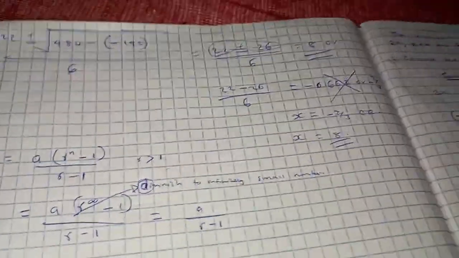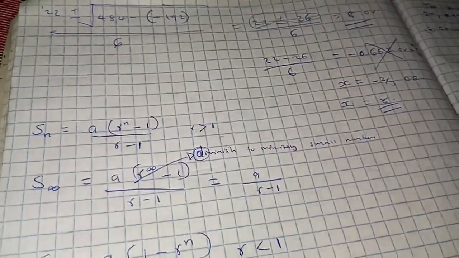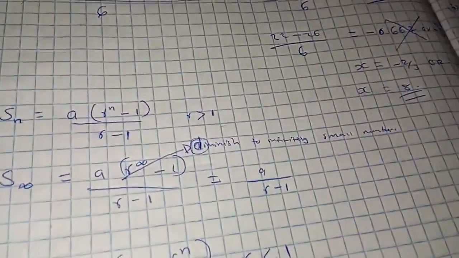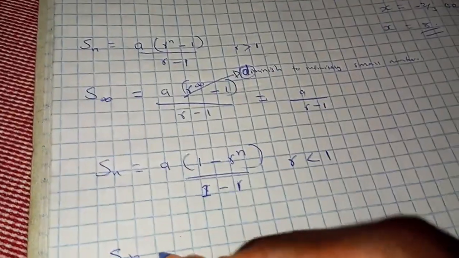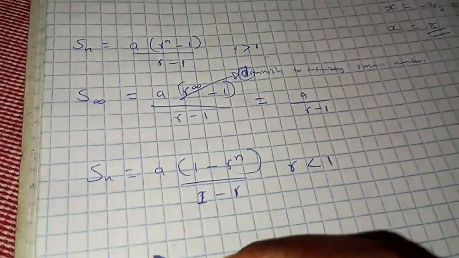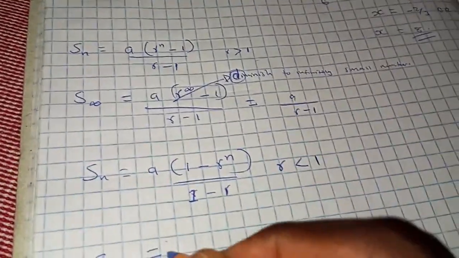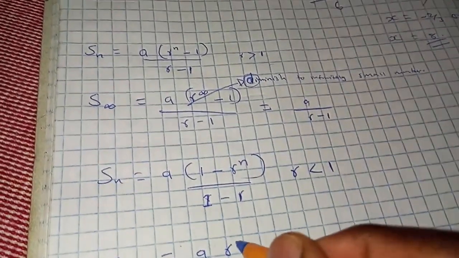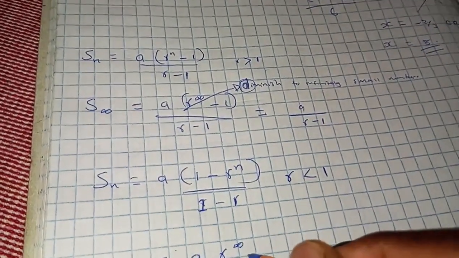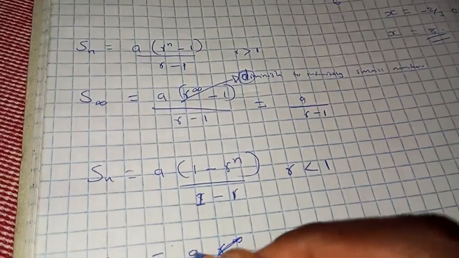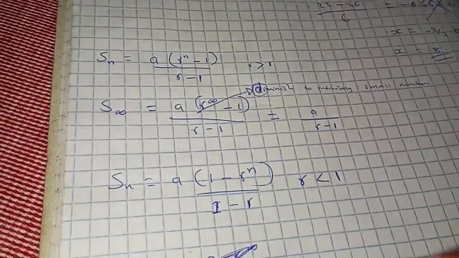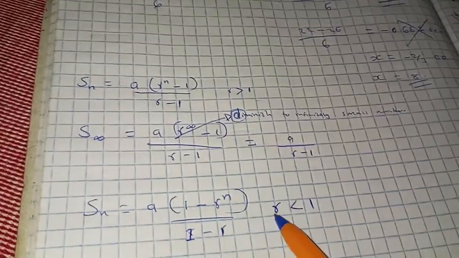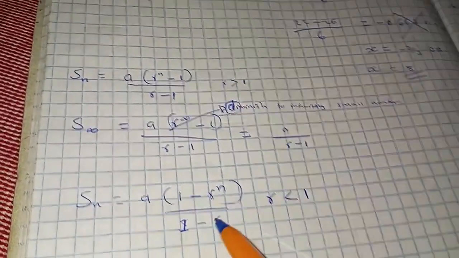So for the sum of infinite terms, r is less than 1, so we use this one.